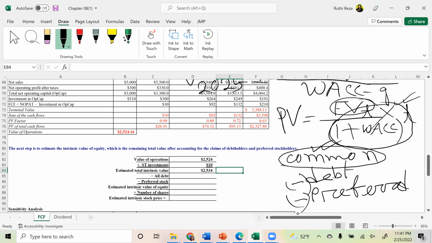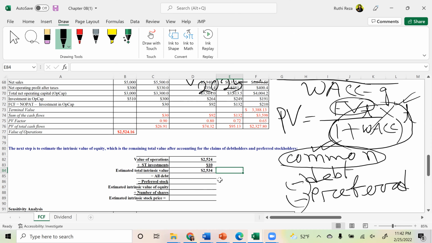Is it clear? Then we're going to get the intrinsic value of total common equity, and then we divide it by the total number of shares outstanding to get intrinsic stock price. That means intrinsic value per share.